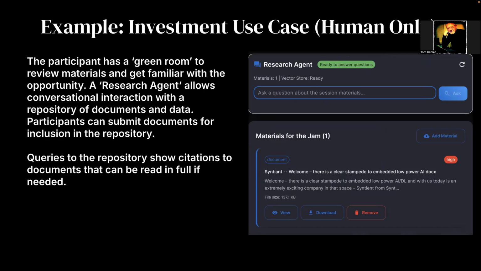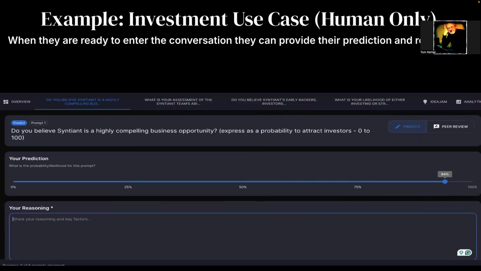This is basically a knowledge agent that is purely vectorized documents that were provided by either the evaluating team or the startup team or the investor team. This is the repository, and it does not go out to an LLM. It is basically a repository of knowledge very specific to this particular use case.